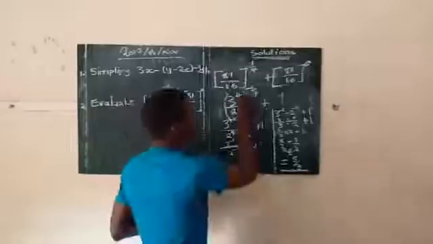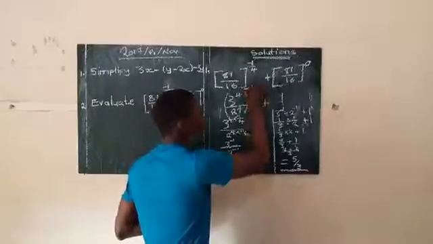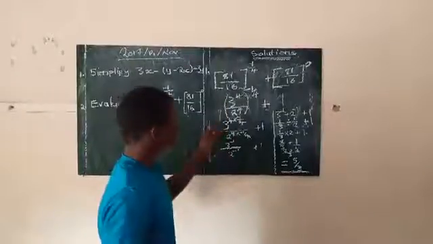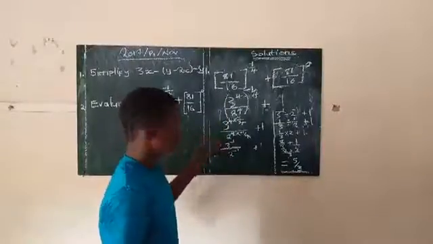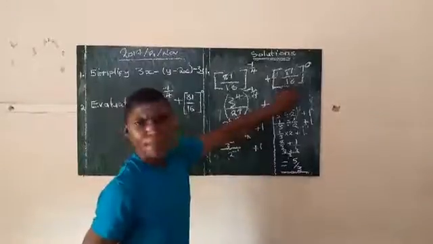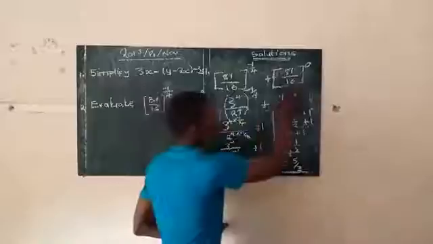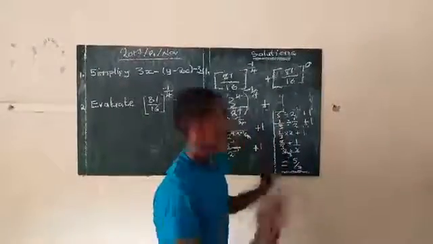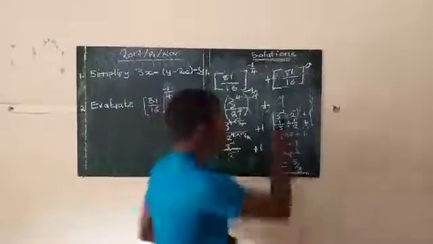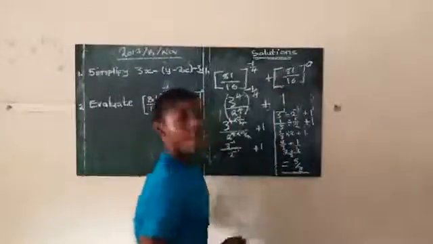Then the powers multiply with the power that is outside the brackets. After multiplying them, we came up with this negative, then plus this term. Remember this term, any number, be it positive or negative, if it is raised to power 0, it is just 1. That is why we wrote this 1 there.